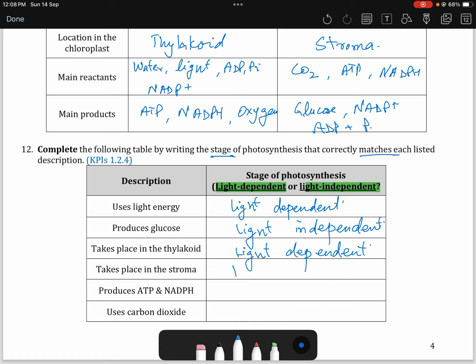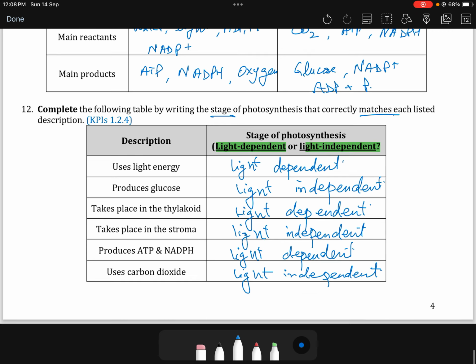Takes place in the stroma: it is light independent. Produces NADPH and ATP: it is light dependent. Uses CO2: it is light independent. And that's it. I know it looks hard to write all this again and again, but that's what you have to know.